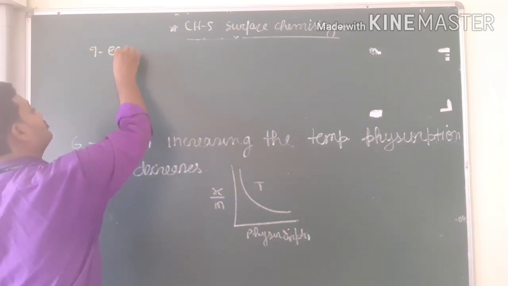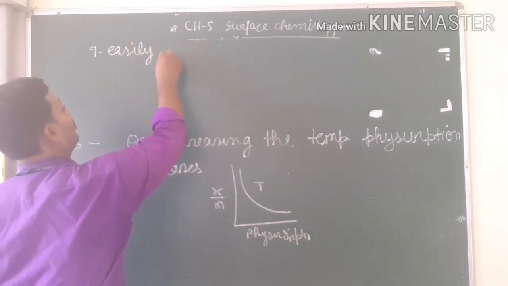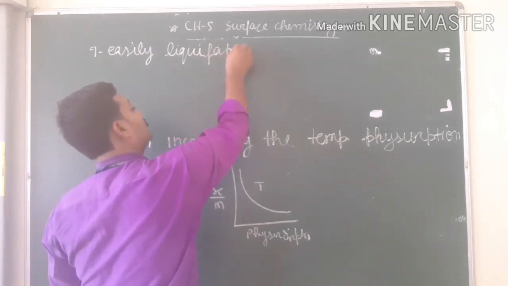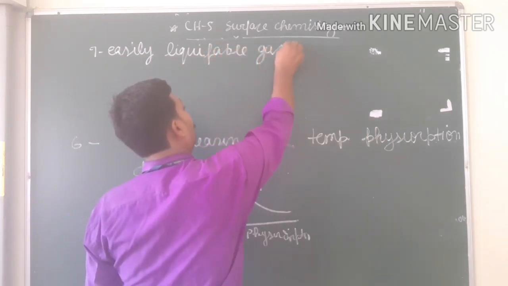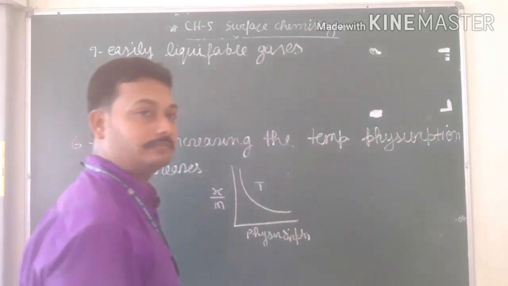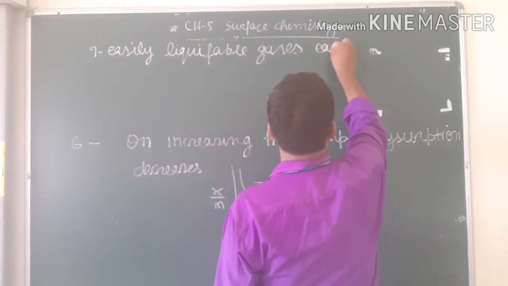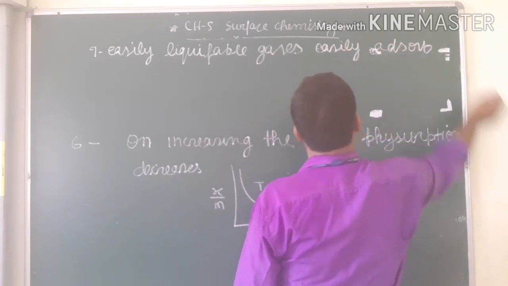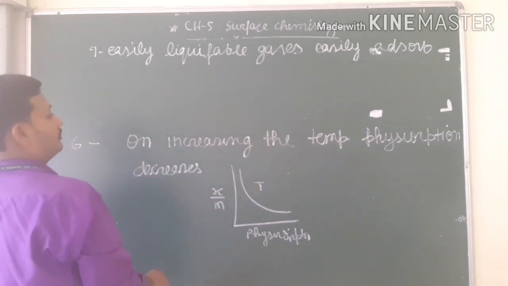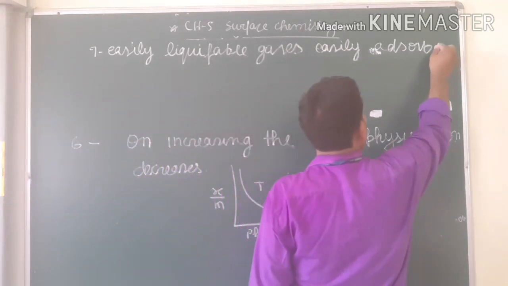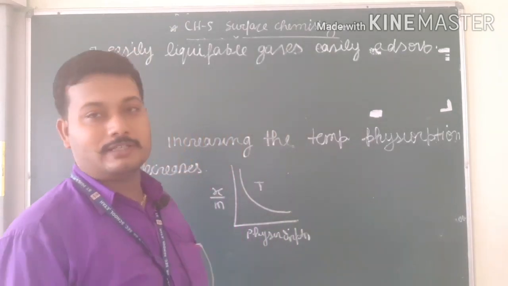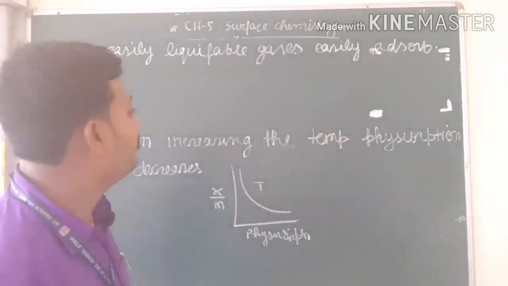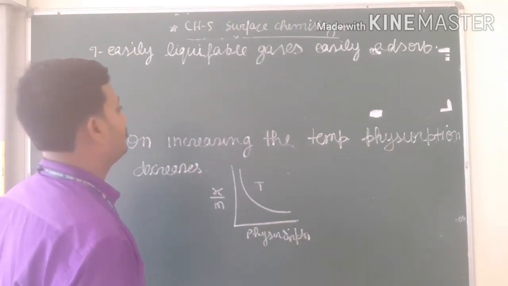Easily liquefiable gases easily adsorb. You know, because gases that remain in the gaseous form cannot be attracted to the adsorbent.